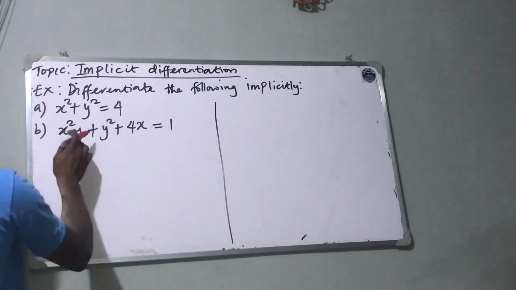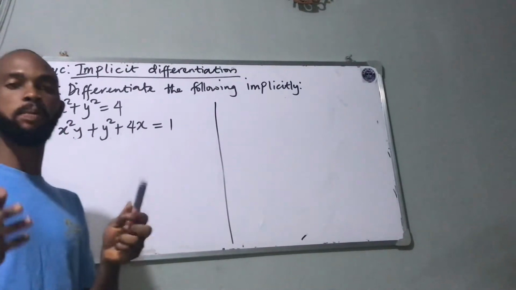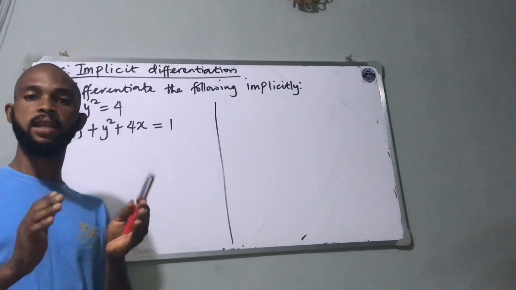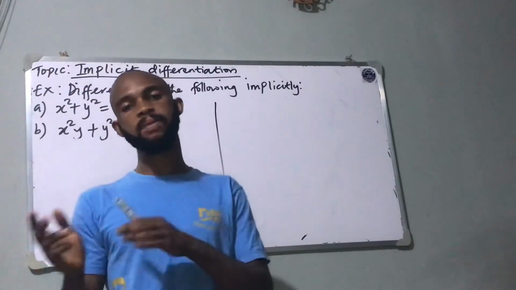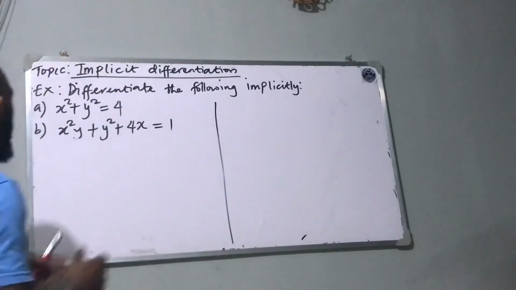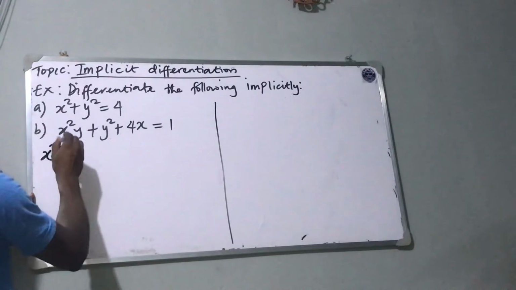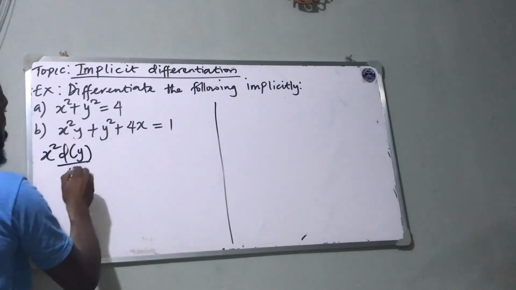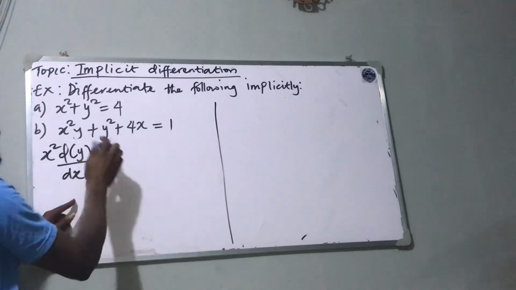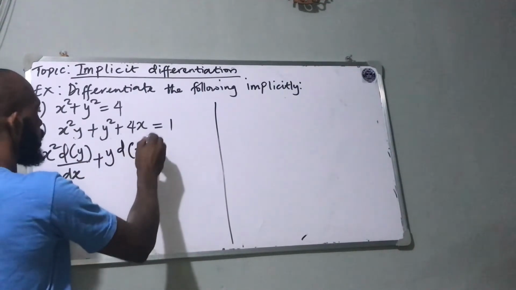So first, since we have x squared y, it means we are multiplying x squared and y. You can multiply x squared times y or y times x squared, whichever one comes first. So all we need to do is to keep our x squared first and differentiate the y, plus I'll keep my y and differentiate x squared.